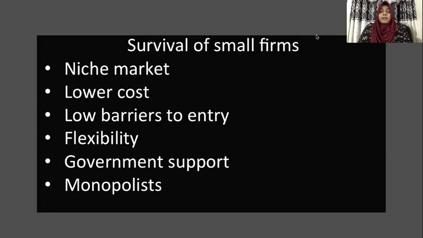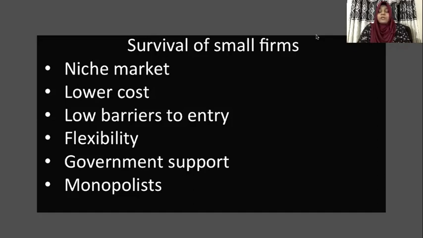In addition to that, small firms will be more flexible in providing goods and services. If they want to change based on changes in the taste and fashion of consumers, or divert their product to other areas, it will be easier for them because they are small in size. But large organizations will find it difficult because there can be a lot of complications associated with the changes.